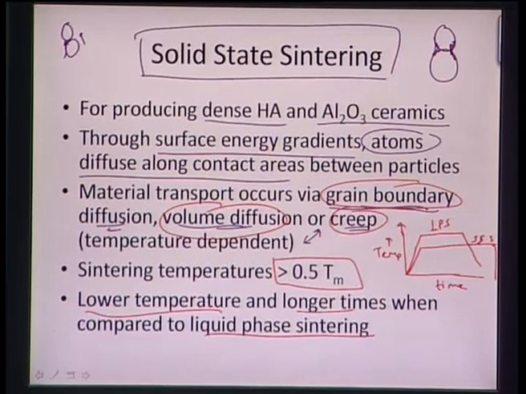In this particular case we can make very dense structures, but we do not allow any of the phase to become liquid. Because of surface energy gradients we first allow particle to particle contact, which starts to create a neck, and once we have surface diffusion, volume diffusion can also occur, and depending on the temperature creep can come into play for the overall mass transport.